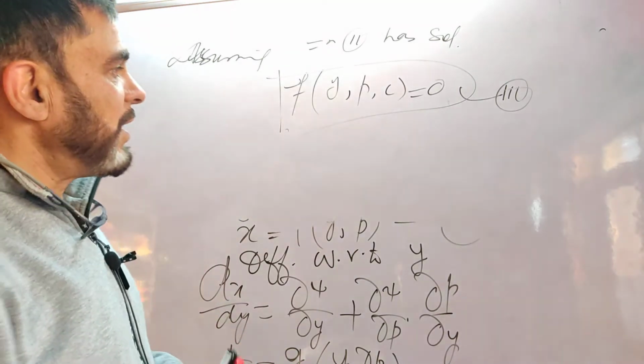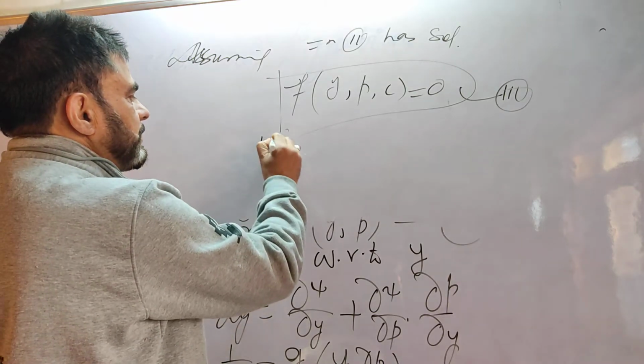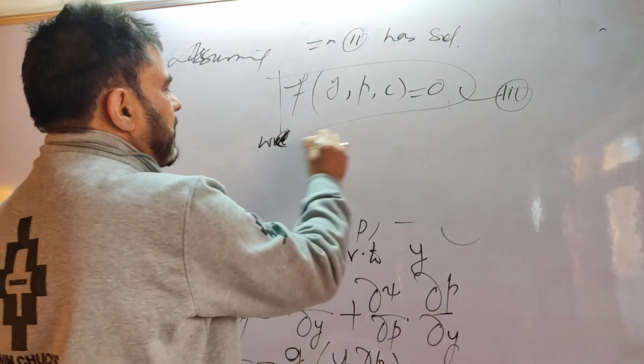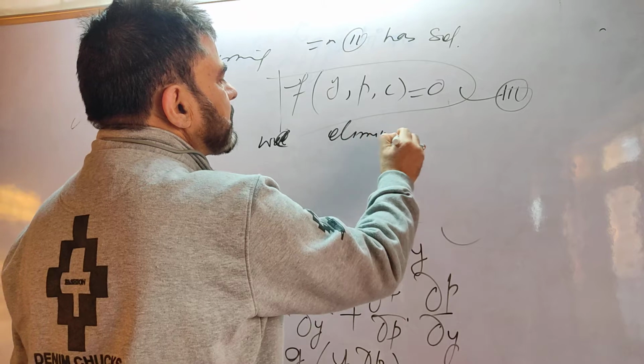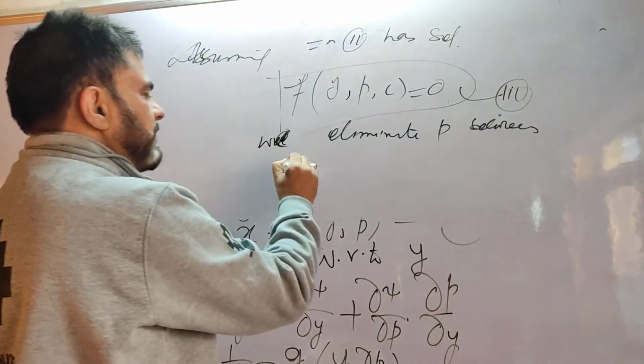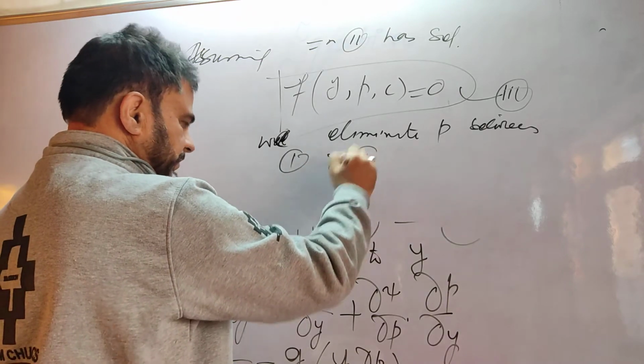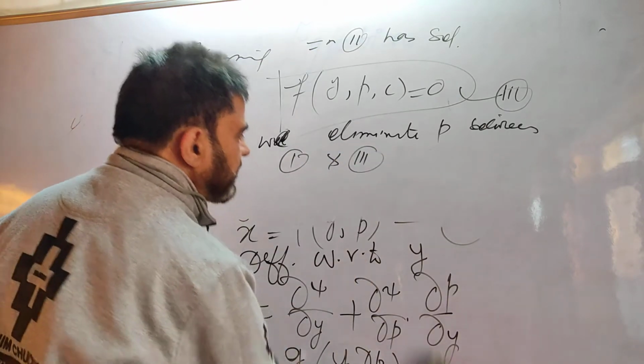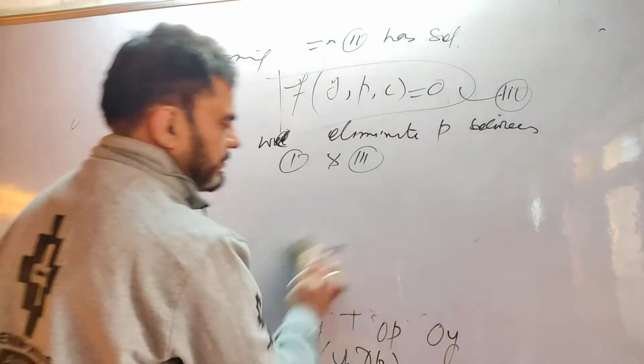Then what we do is we eliminate p between, as usual, the first equation and the third.